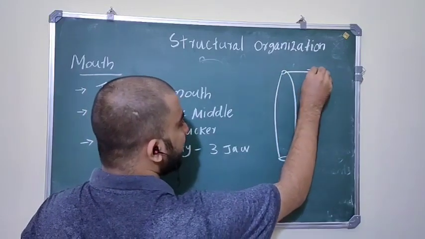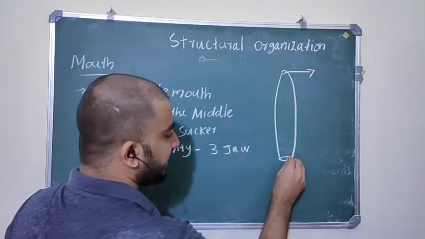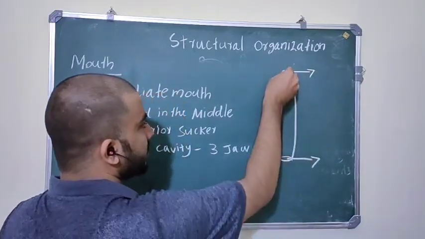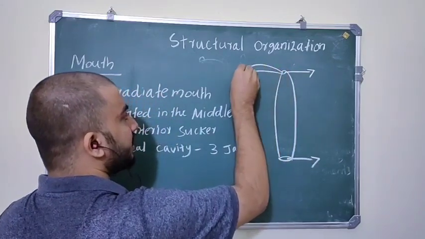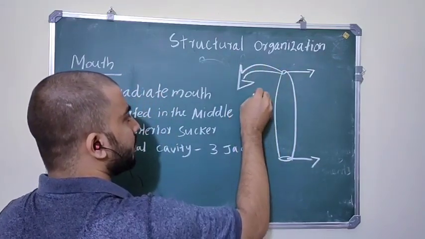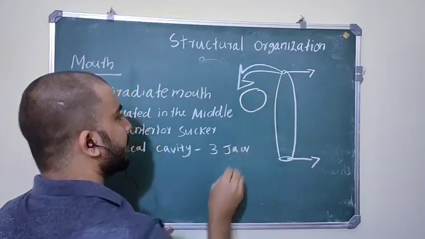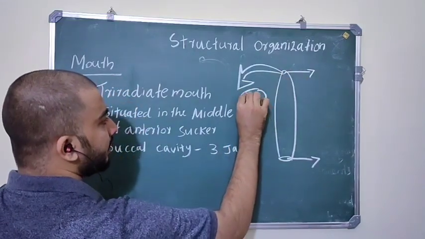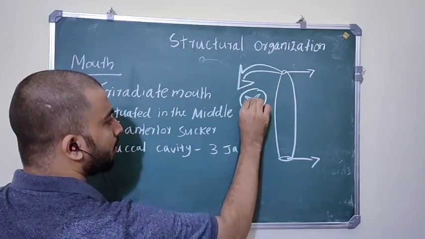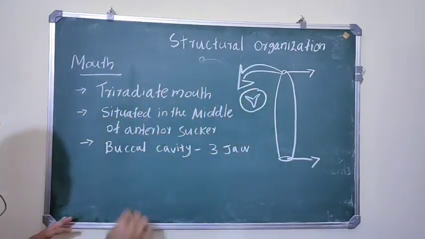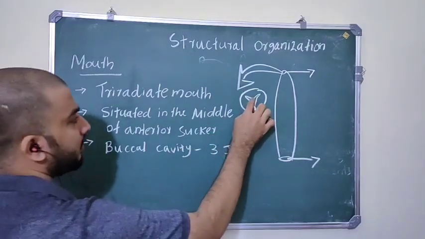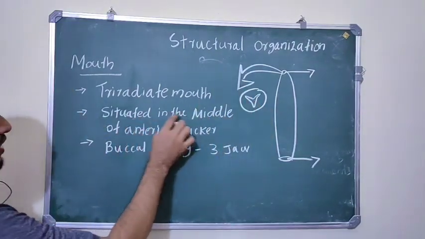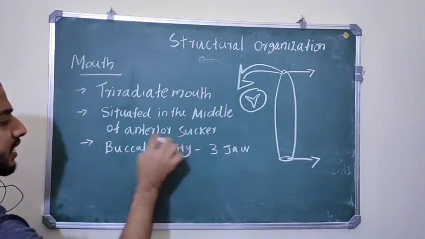This is the anterior sucker of the leech and this is the posterior sucker. If you take the anterior sucker, the cross section will be like this. In the middle of this anterior sucker, you can see the triradiate mouth.